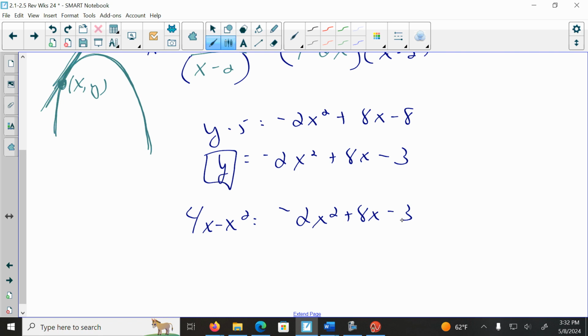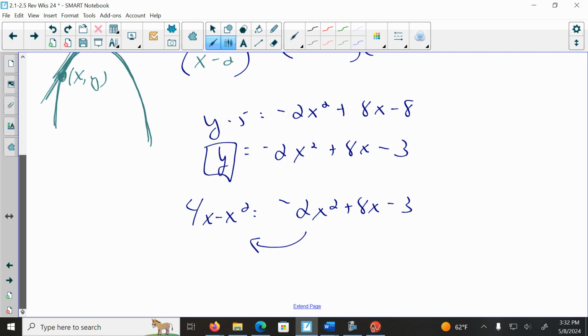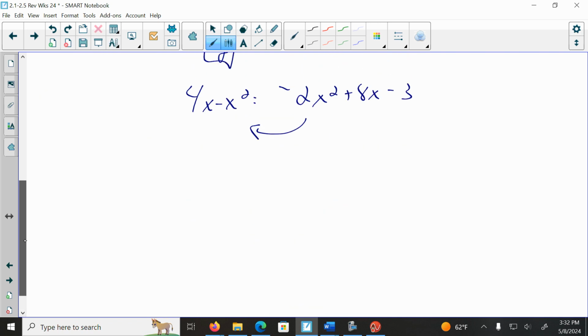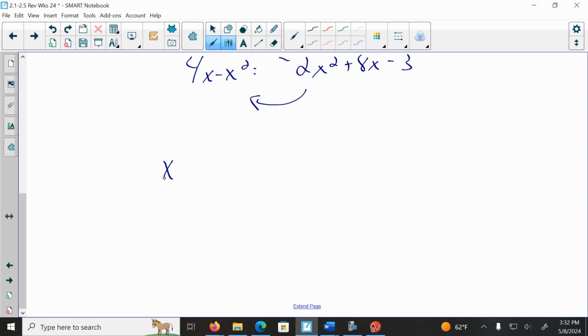Now I cannot use product sum without my lead coefficient being positive, so I'm going to take everything over here. So my lead coefficient is positive, it's quadratic, so I have to set it equal to 0. So when I add 2x squared, this is going to be x squared minus 4x plus 3, and this is going to equal 0. Now this is very simple for the product sum. My factors of 3 that add up to 4, 3 and 1, both are going to be negative.